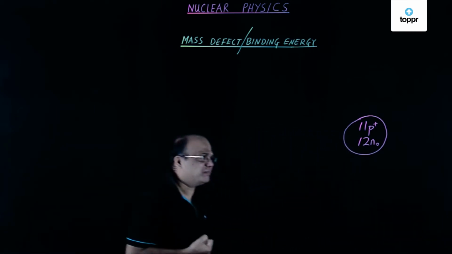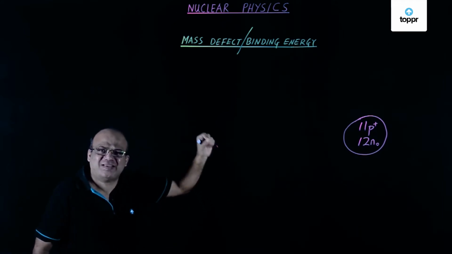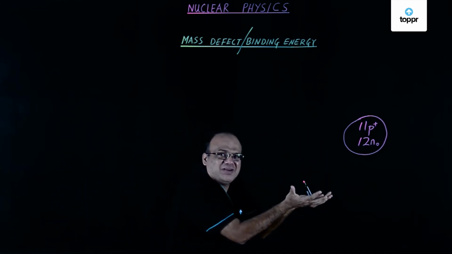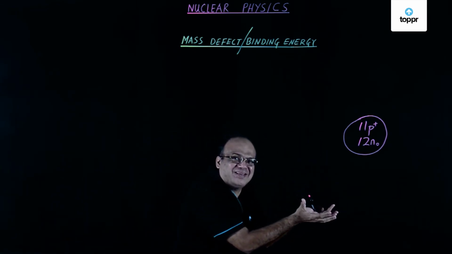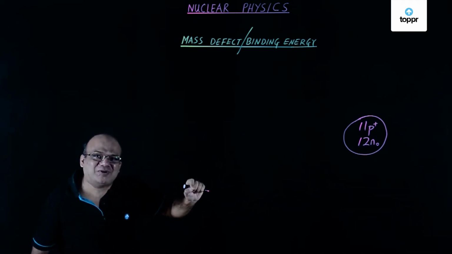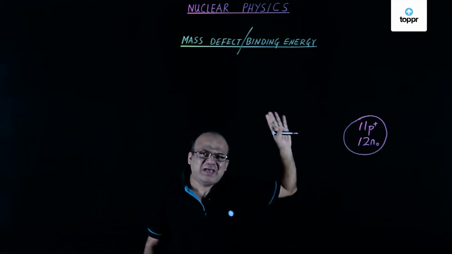Some of you may think that there are 11 protons and 12 neutrons inside this nucleus, and some extra mass may be there to cover the nucleus. So, mass of the nucleus will be more than the mass of 11 protons and 12 neutrons. Both are wrong.